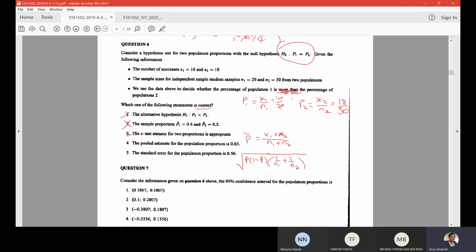And that will be your standard error. And if you calculate that, they will give you that answer.